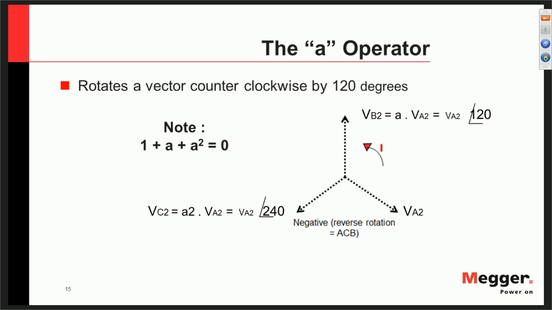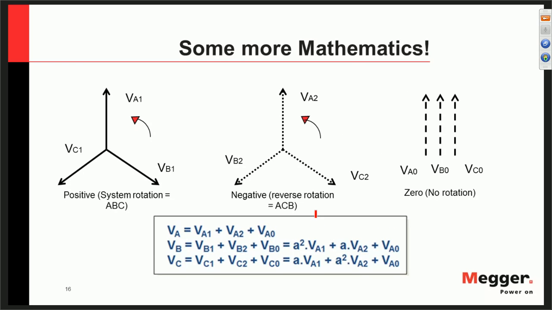In this way, basically his idea was to reduce my VB2 in terms of VA2. Now from the equation, it's clearly visible that I have a proper relation. And similarly, VC2 will be just 240 degrees apart.